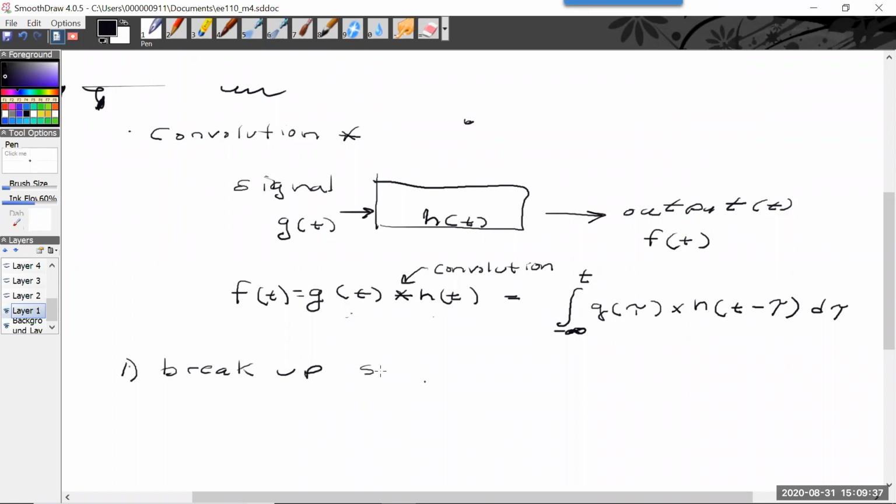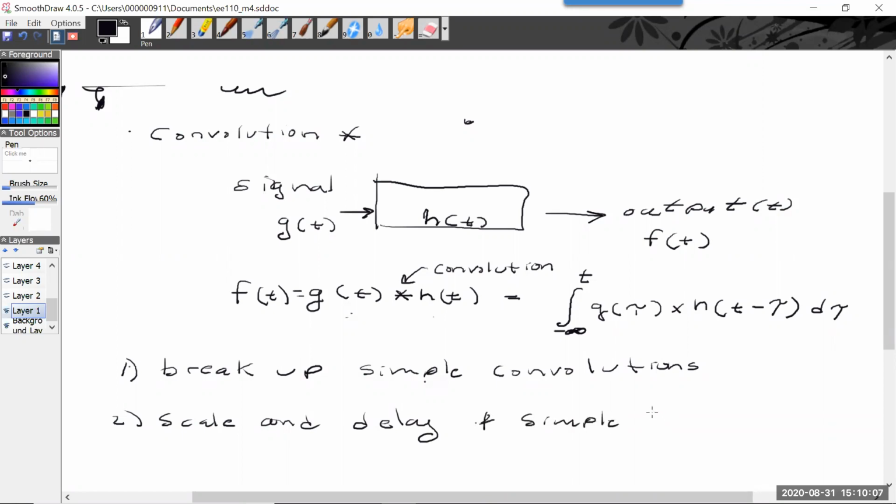You break the whole thing up into simple functions.